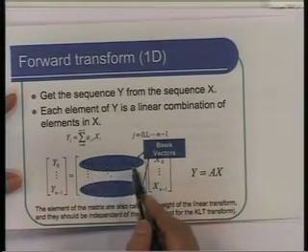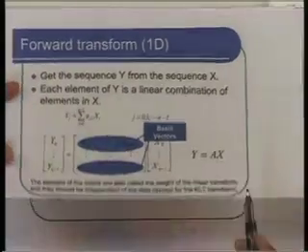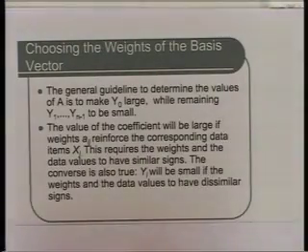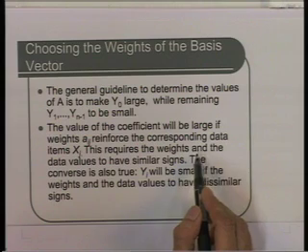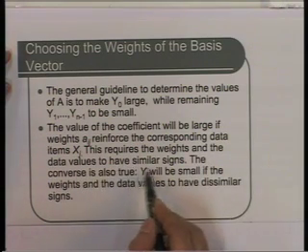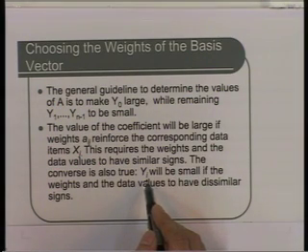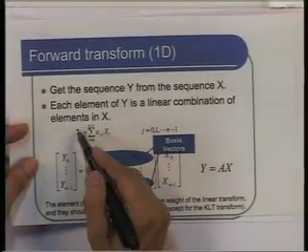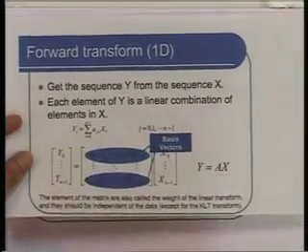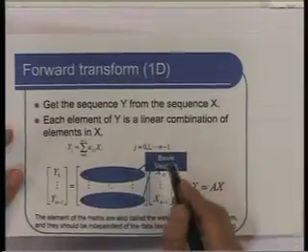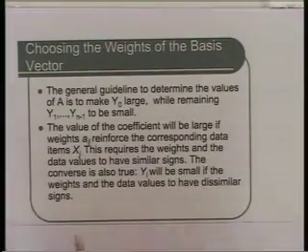So, if these weights reinforce the data items, then this coefficient will be high. Now, this requires the weights and the data values to have similar signs. The converse is also true. y_j will be small if the weights and the data values have dissimilar signs.